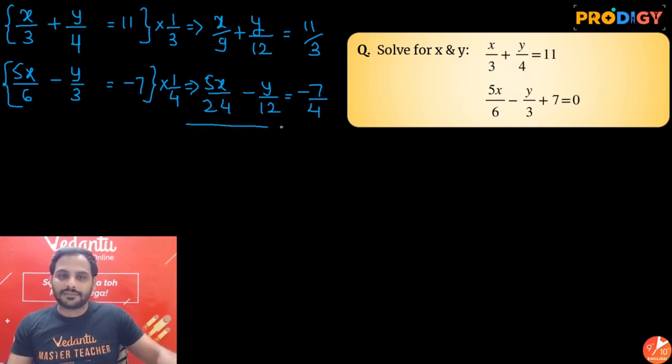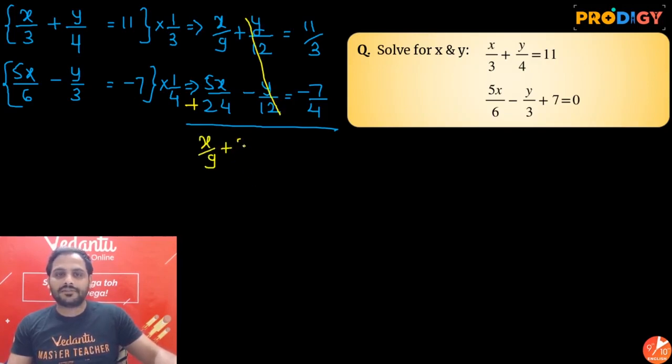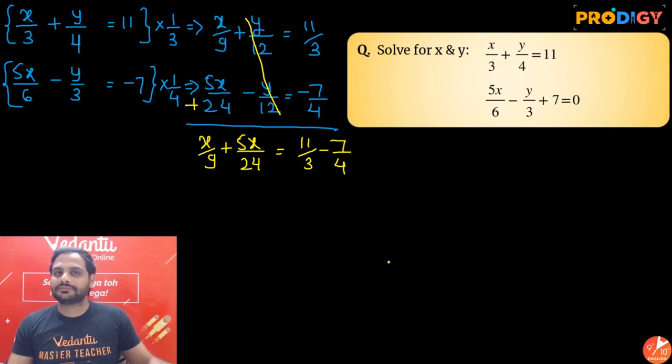When I did this, beta, you can clearly see that now if I add both these equations, y will get cancelled. We have x by 9 plus 5x by 24 is equal to 11 by 3 minus 7 by 4. Okay?